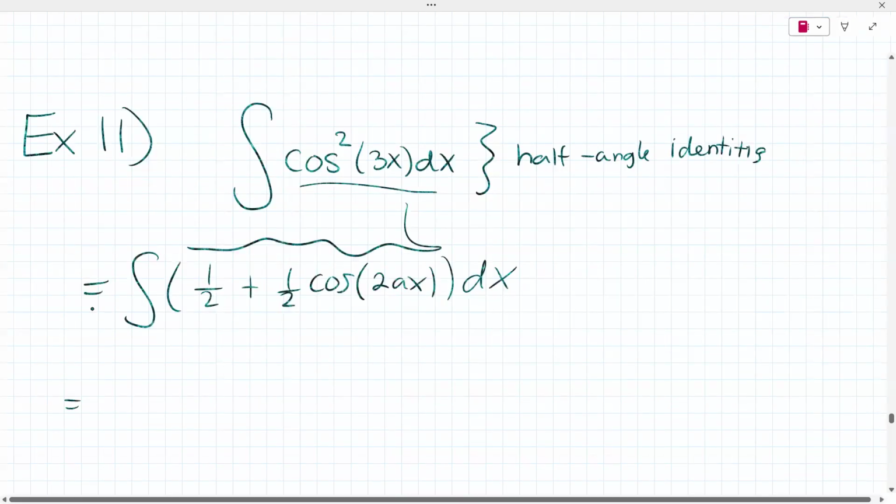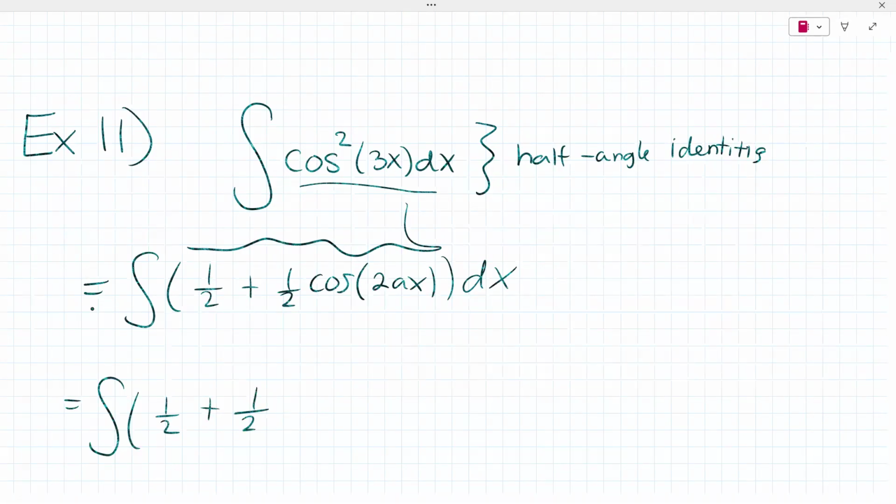Okay, so it's going to be the integration of 1/2 plus 1/2 cosine of 2 times ax. So it's 2, and I think our a is 3, right? This is your a value, so it's going to be 2 times 3. Yeah, so it's 2 times the ax, so our a is 3.